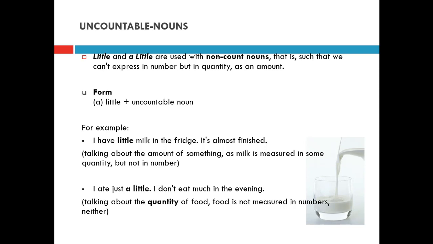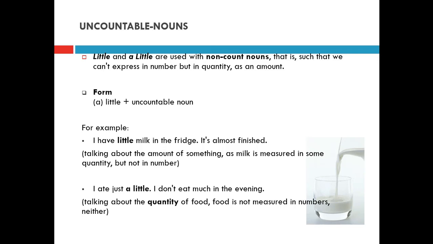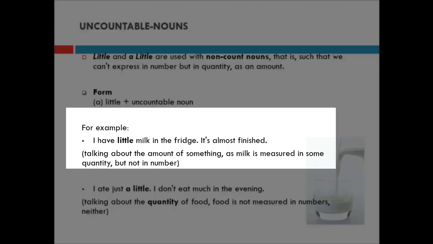Little is more negative in the sense of the meaning, but a little is more positive. I give you an example, like I have little milk in the fridge. It's almost finished. It means that I almost do not have milk. That's a very negative one. But when you say I have a little milk, it means that I have enough milk to drink and I should not be worried.